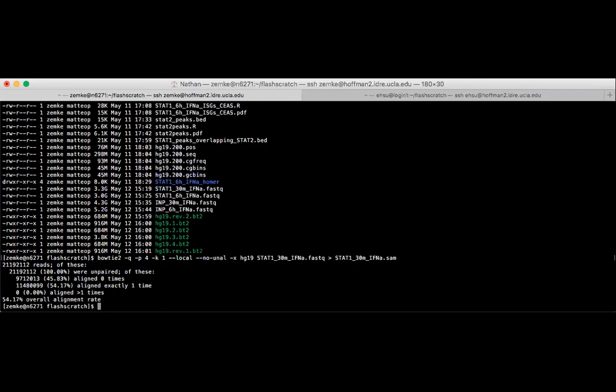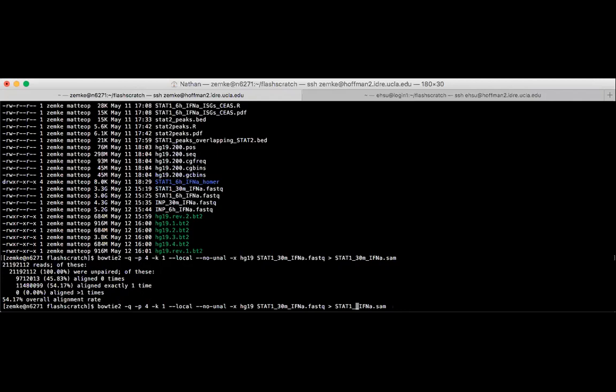I will say that this is a kind of old data set, even though it is ENCODE. It's almost 10 years old, I think. So it's not the highest quality, and we're not going to have that many reads, but it'll be helpful downstream to have fewer reads because it'll make the programs that we use quicker. The more reads you have, the longer these things are going to take.